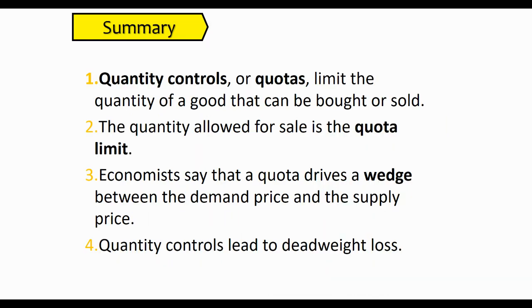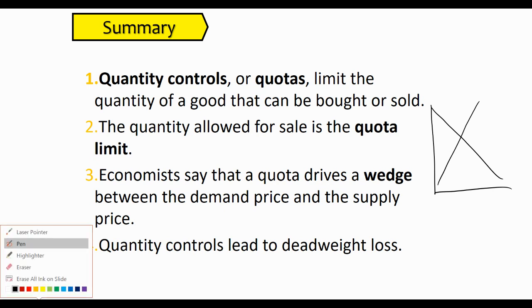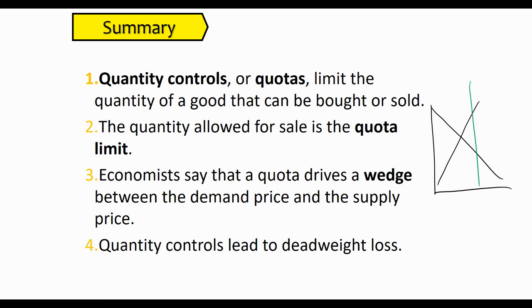Once again, this is inefficient. Okay. So once again, you have to understand quotas are controls limiting the amount of goods and services sold. If this is equilibrium, and let's say the quota is to the right of equilibrium, then it's not effective. We're at equilibrium then.